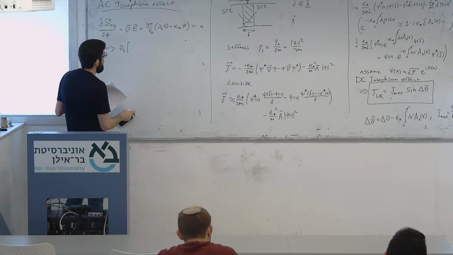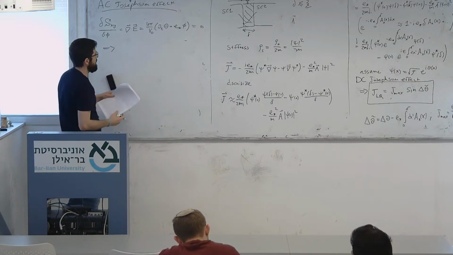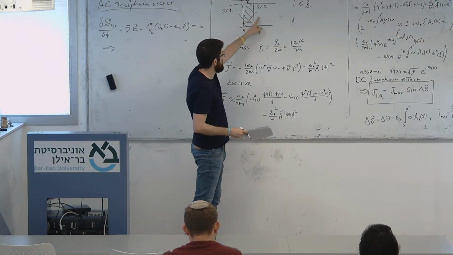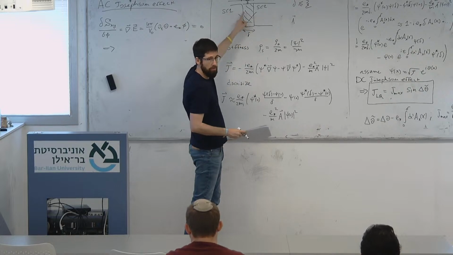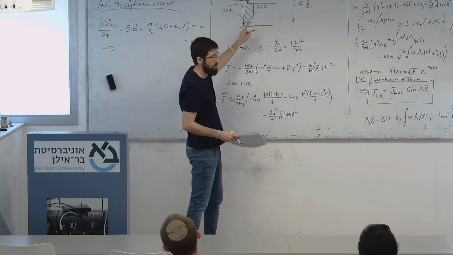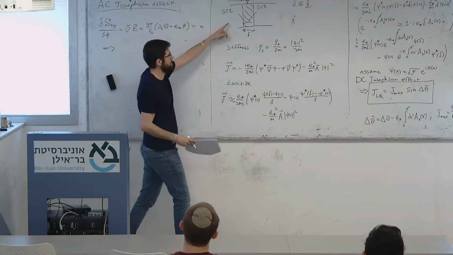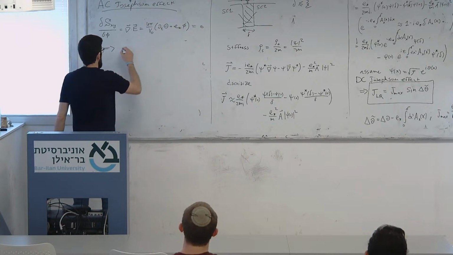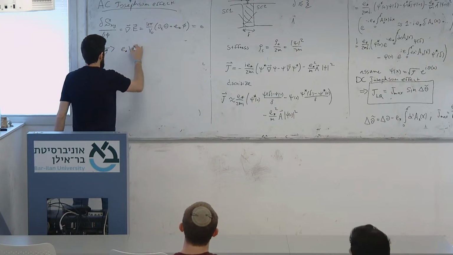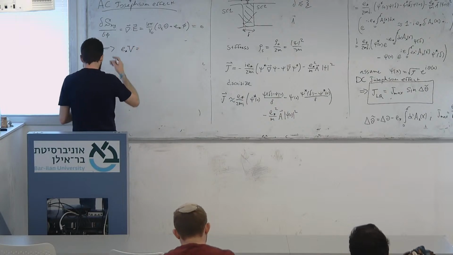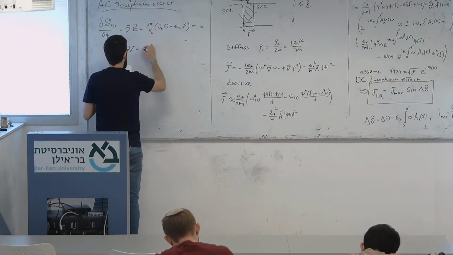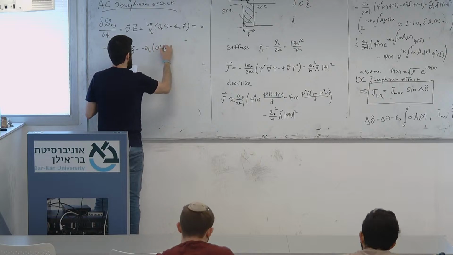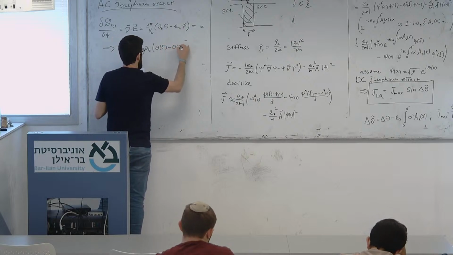Yes. So now what we want to do is, imagine we want to take the potential on one side and subtract from it the potential on the other side. So we want to have a bias, a voltage across the barrier. Then we'll take phi at this side and subtract from it phi on that side. So we're going to find that E star times V, the bias voltage, is equal to minus dt of theta of delta minus theta of 0.